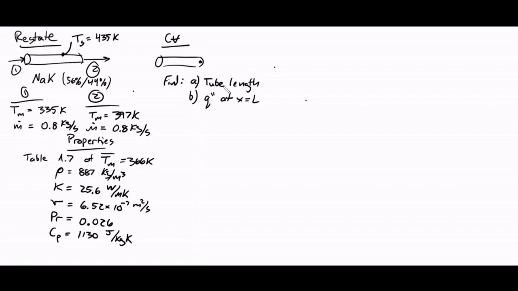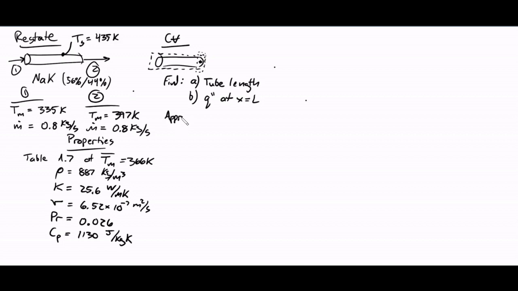Okay, so for at least part A, our control volume is going to be the entire pipe. We're going to do an energy balance of the whole pipe and see if we can predict what the outlet mean temperature would be using the amount of heat transferred in. And for the last section, we're going to draw a control volume on the very end of the pipe.